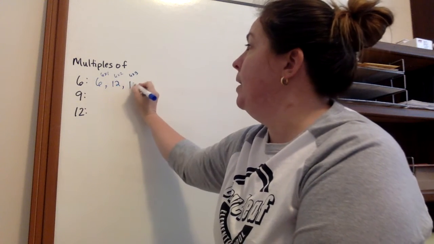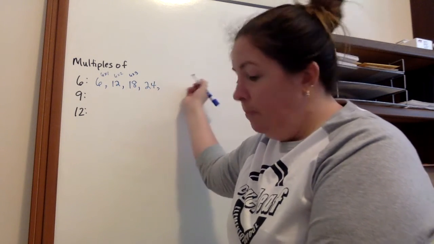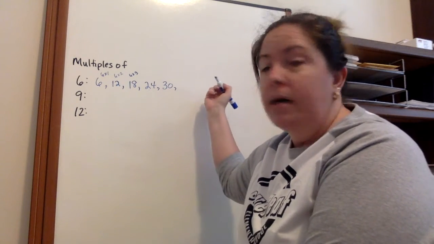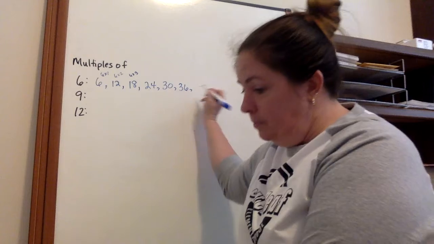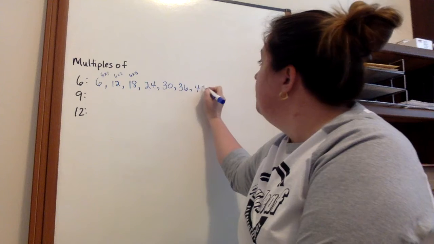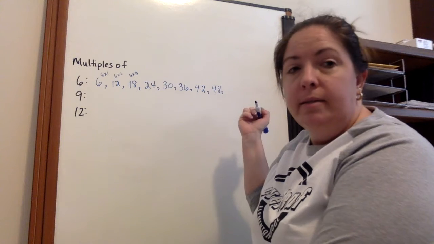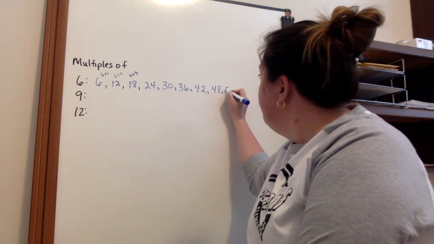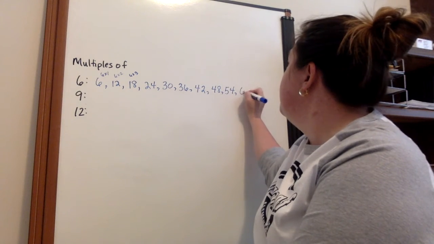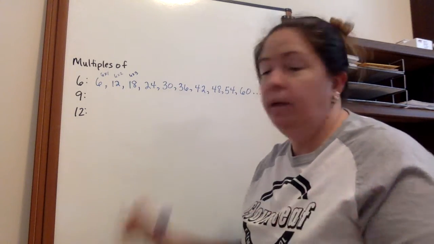6 times 3 is 18. 6 times 4 is 24. 6 times 5 is 30. 6 times 6 is 36. 6 times 7 is 42. 6 times 8 is 48. 6 times 9 is 54. 6 times 10 is 60, and you can continue on really forever.